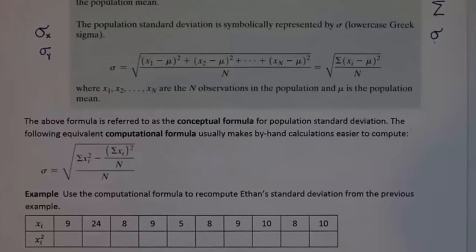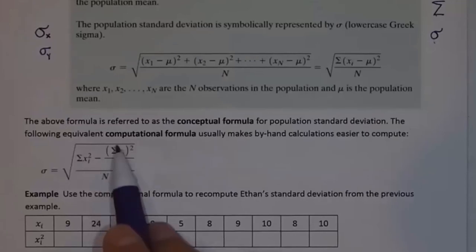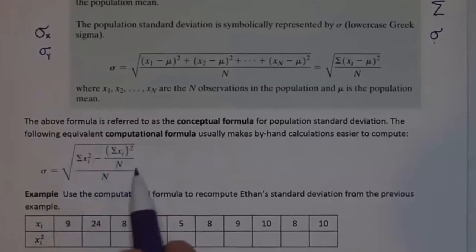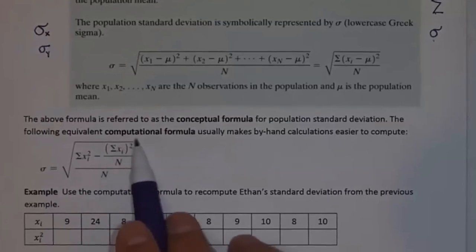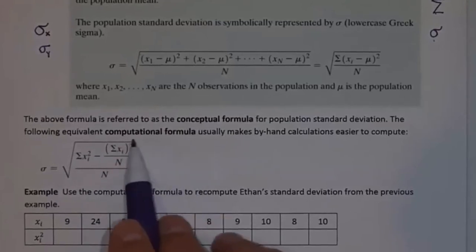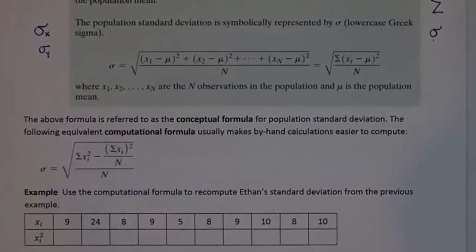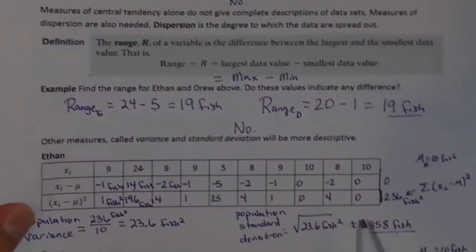So the computational formula is not going to really be a huge benefit for us, but I do want to demonstrate it for you. So this formula right here is the computational formula. If I use this formula, it makes my computations a little easier than having to do all of this work like we did on this problem.